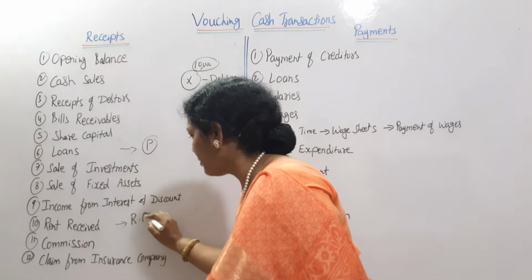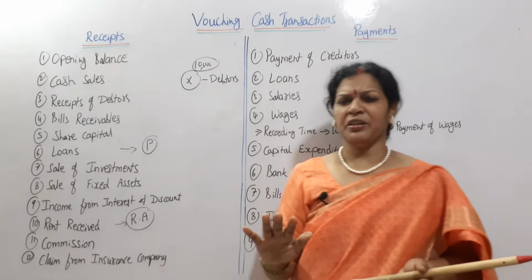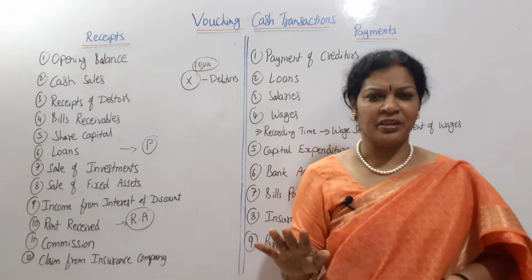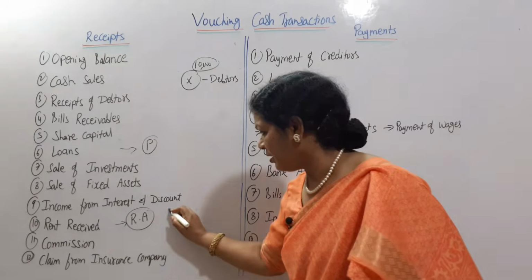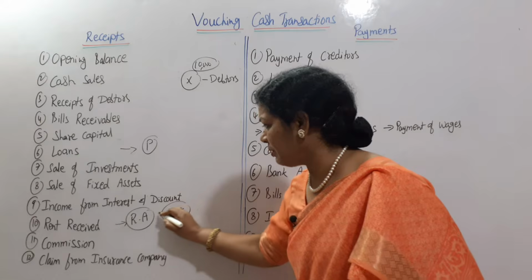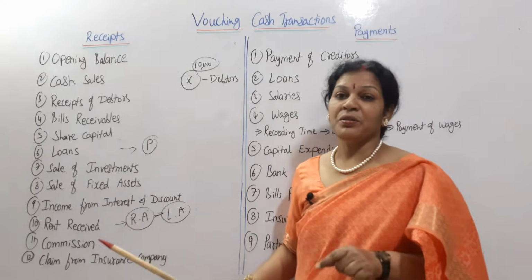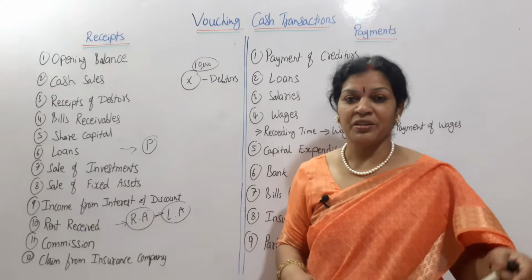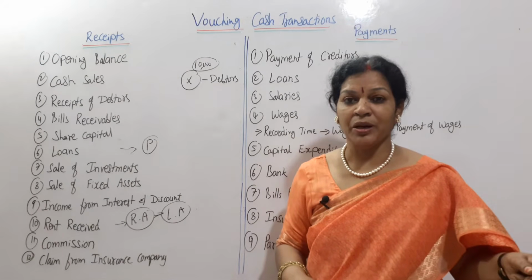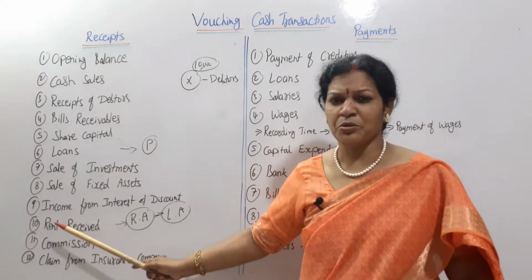In the rental agreement, it must have been written clearly. Rental agreement, or otherwise you can say lease agreement, anyway, whatever it may be. The auditor has to observe this. What is the property given on rent? What is the lease amount, what is the rent amount, how many years is it given, how much do they have to get? According to that, verify this. It's very easy to verify.